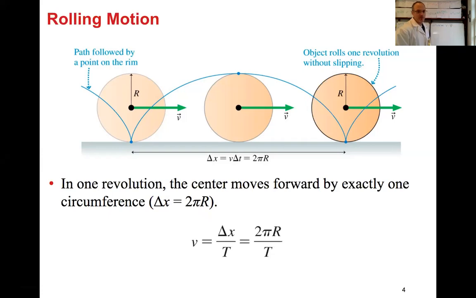And for the rolling system, that means that it's 2 pi r, your radius, over that same time frame. Because if it goes through one revolution, it's gone one complete circumference of the circle. That's why we see the 2 pi r. So the delta x is equal to the 2 pi r. The distance that's traveled is equal to the circumference of the circle, okay?